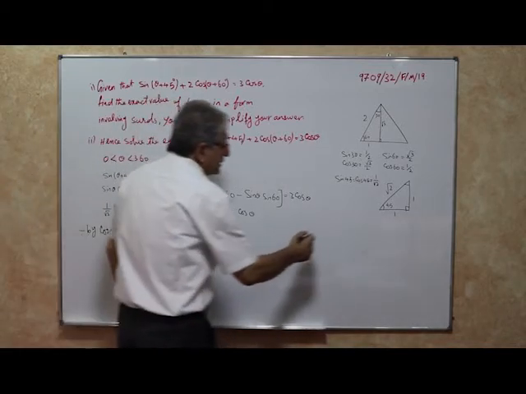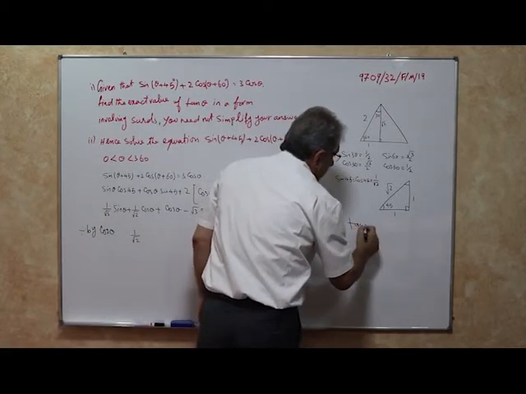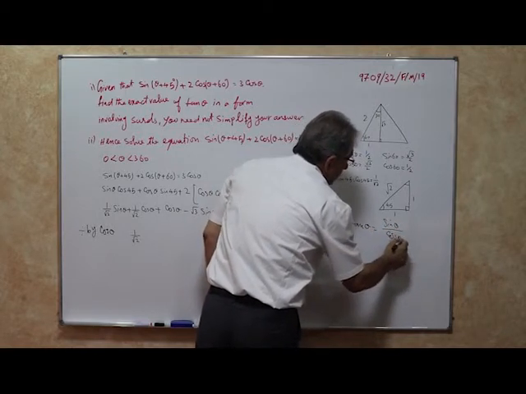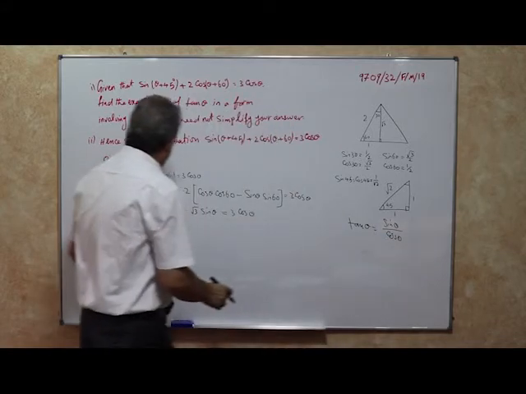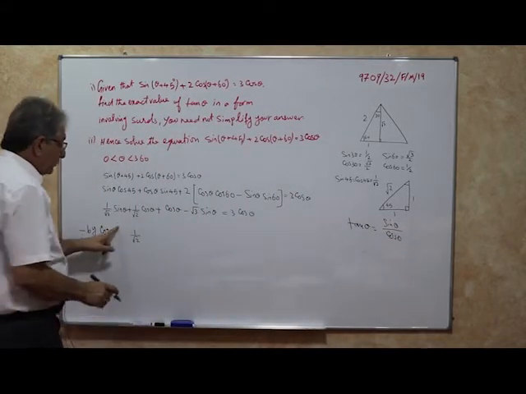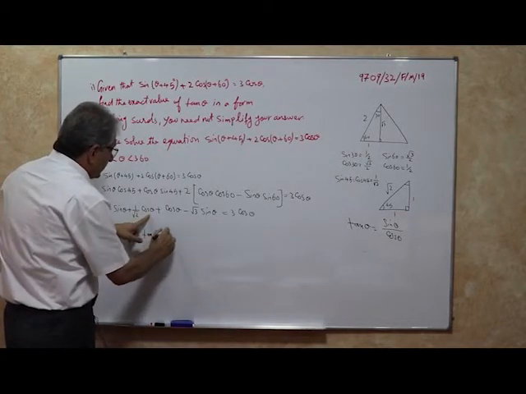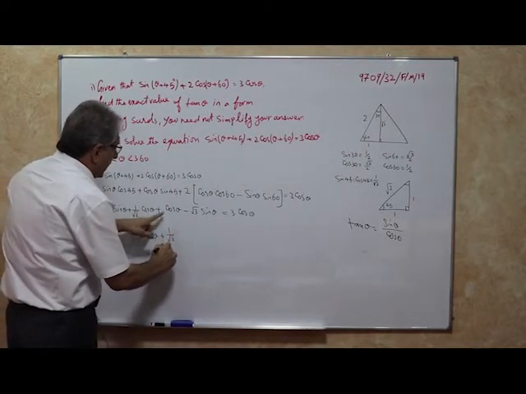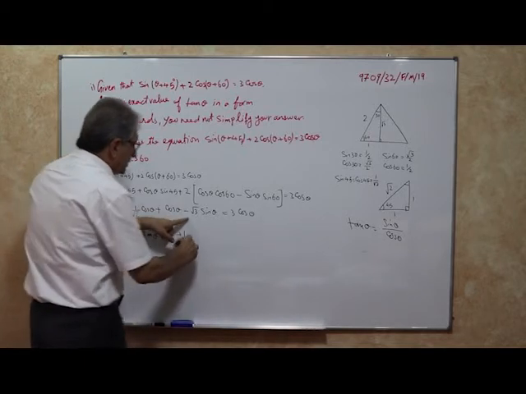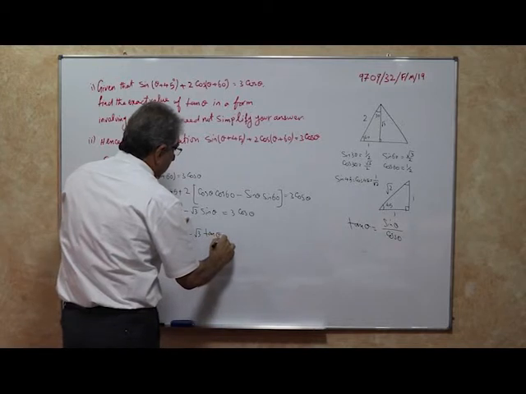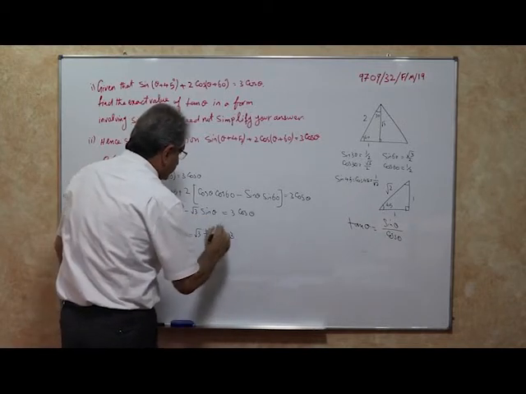Since we know that tan theta is equal to sine theta over cos theta, if I divide by cos theta, all this sine changes to tan. Therefore this will be 1 over square root of 2 tan theta, and this will be only a number, 1, and this is minus the square root of 3 tan theta, and this will be 3.